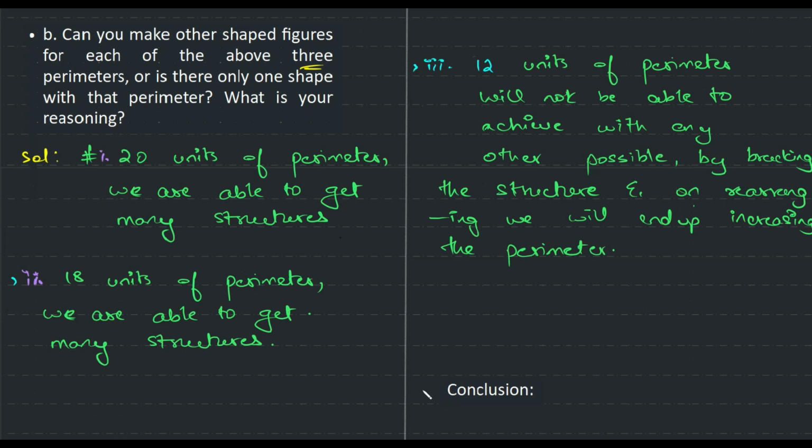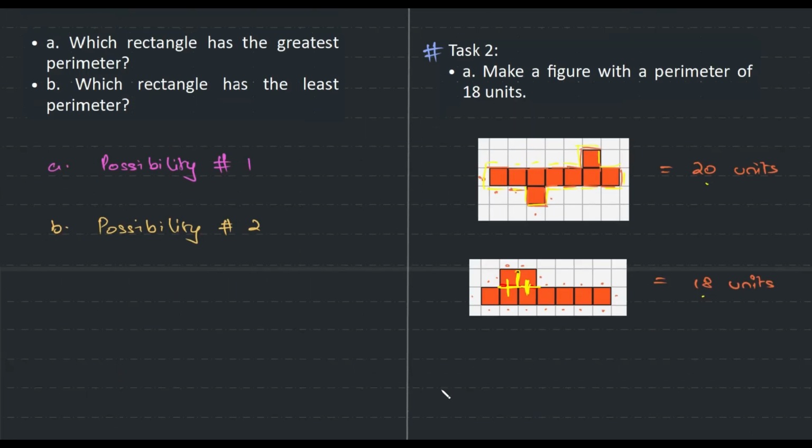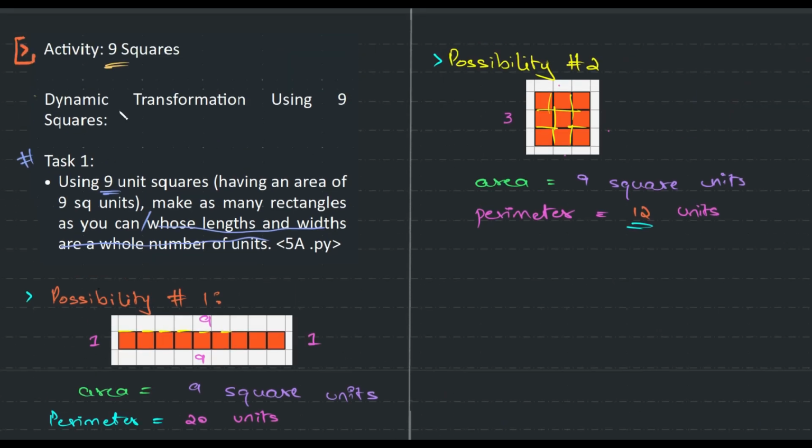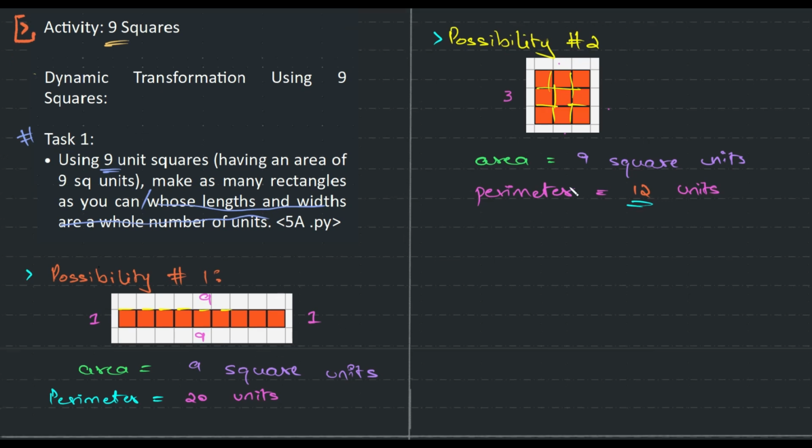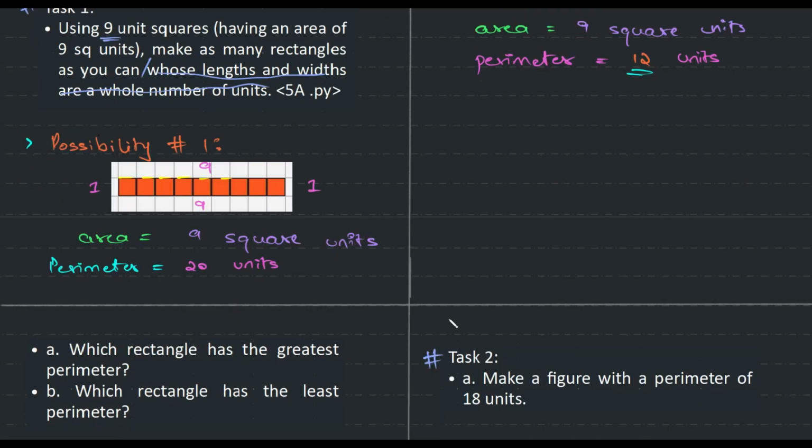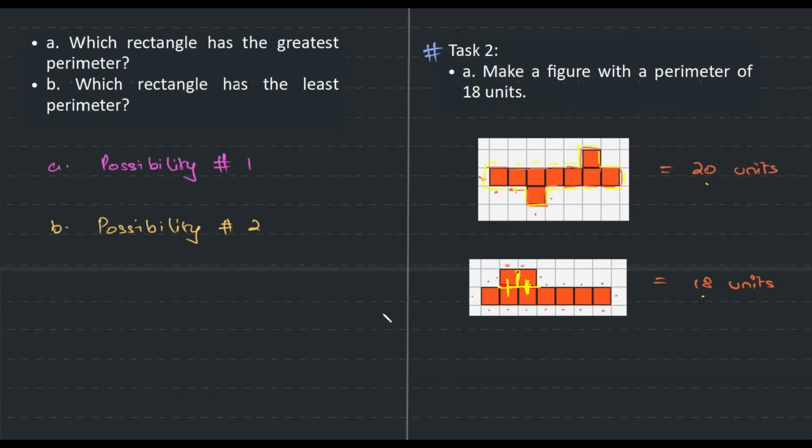So from all of this, whatever we studied till now, we started off with taking 9 square units and arranging them in rectangle shapes. We got two possibilities. The area will remain the same. In all of these cases, did the area change? No, we are playing around with the same 9 squares. But the perimeter, we are able to achieve different values: 20, 12, 18, right?